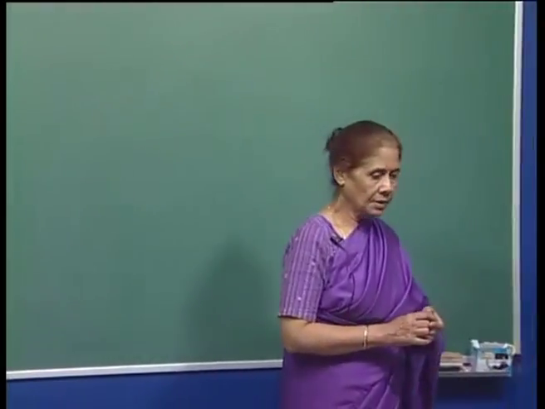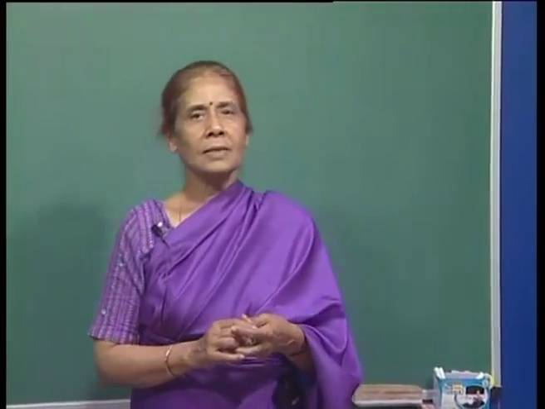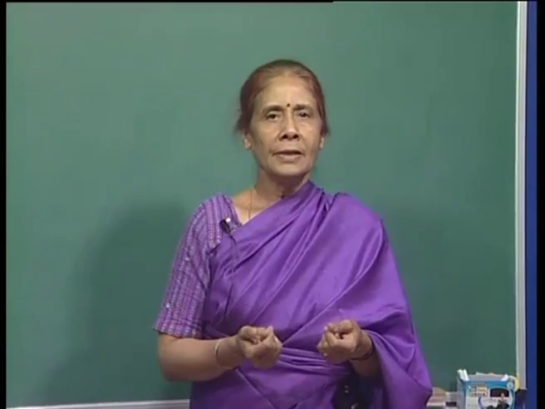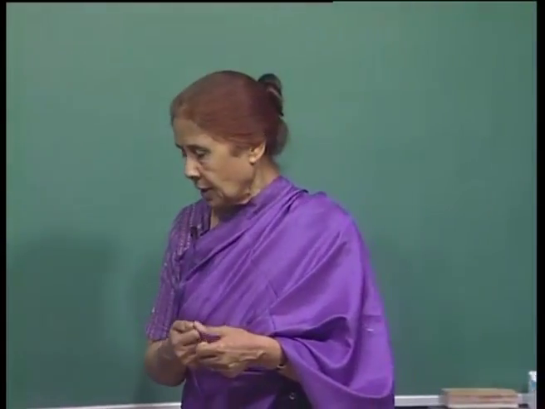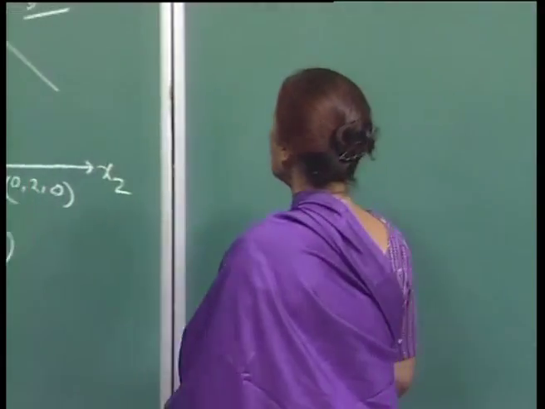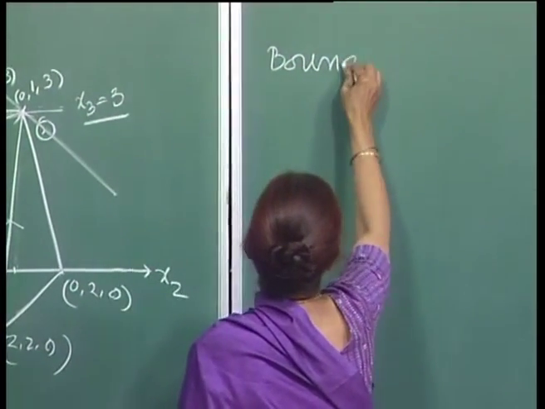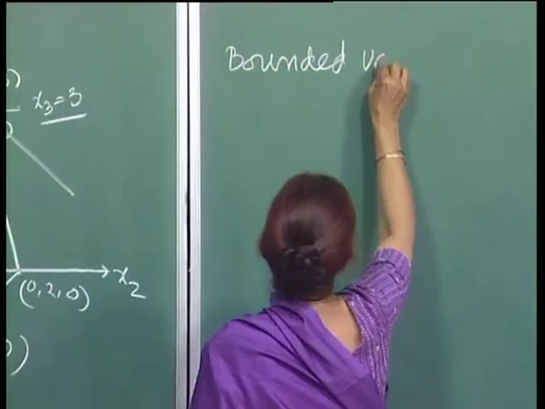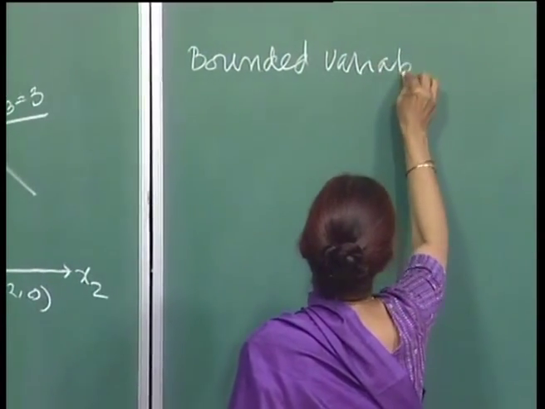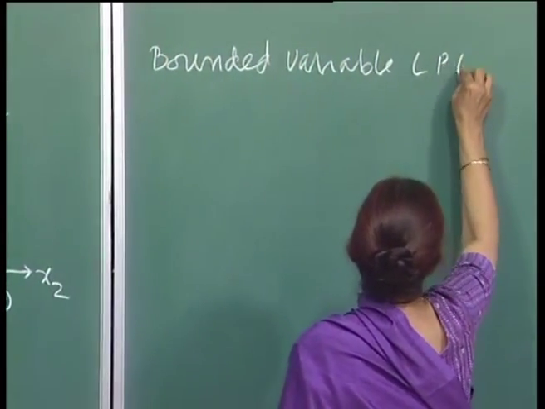We start looking at special cases and extending the theory of linear programming that I developed so far. So, first of all, let me consider bounded variable linear programming problems.